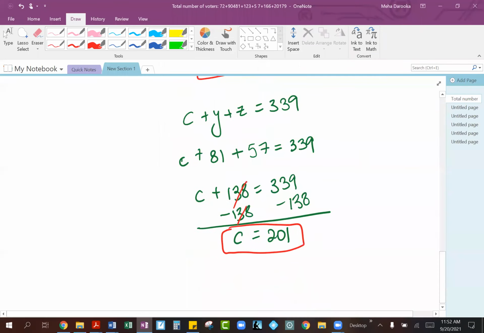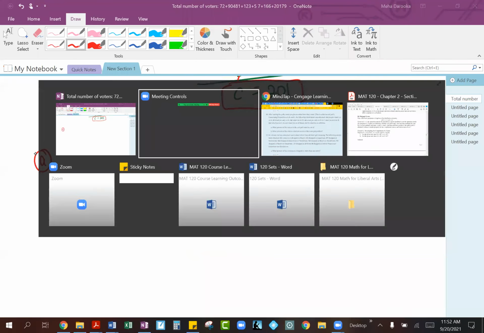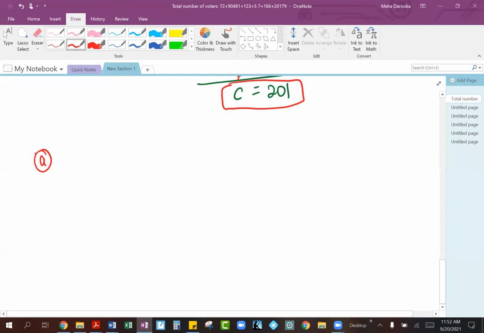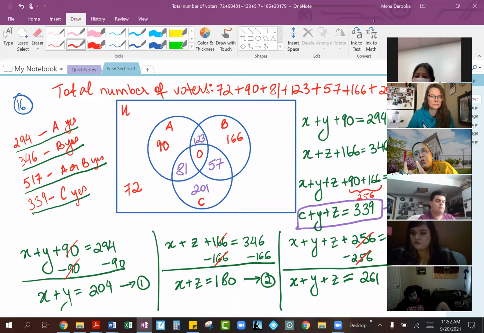So now let's answer our questions A and B. Let's take a look at it one more time. What percent of voters in the exit poll voted no on Proposition A? As Idali was saying, obviously we cannot include the 123 in that. So can you tell me the total number of voters who voted no on Proposition A, and also tell me how you came up with that answer?